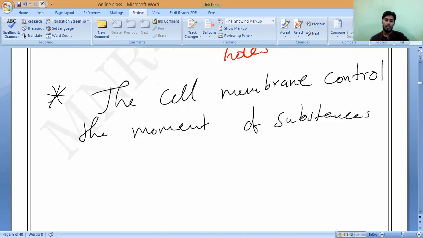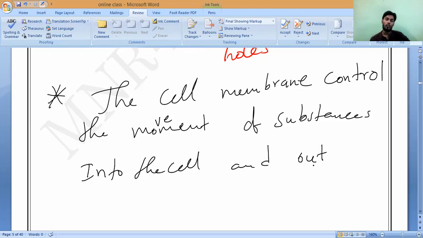From inside to outside. That is what you have to remember. Into the cell and out of the cell. Movement, M-O-V-E-M-E-N-T, movement of the substances into the cell and out from the cell. That is what you have to remember.